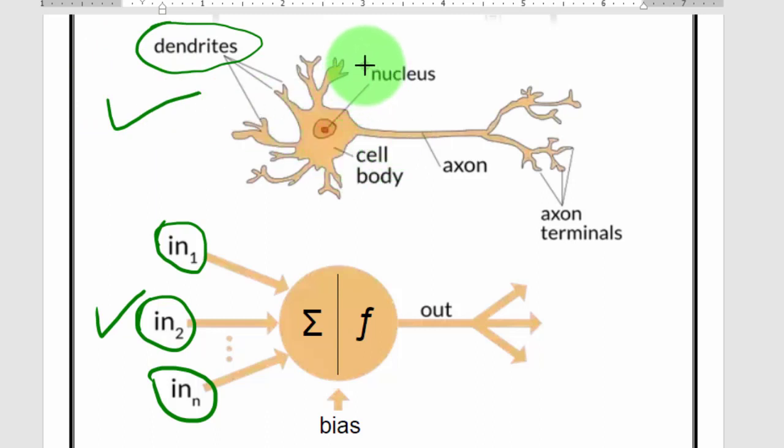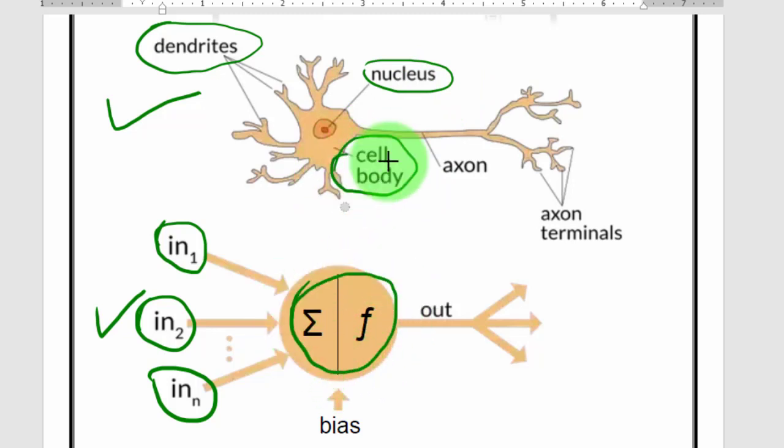Then this is your nucleus and cell body, which is nothing but your processing. In the biological neural network, processing happens in the nucleus and the cell body, which is nothing but your summation and activation function.